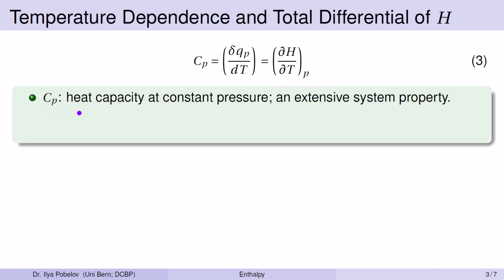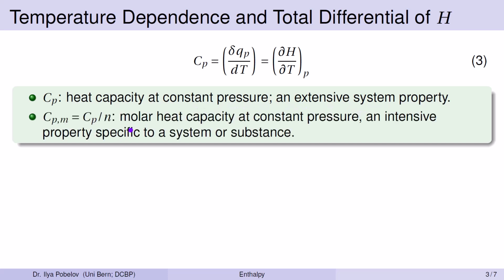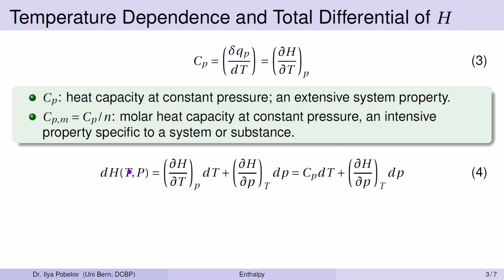The heat capacity at constant pressure is an extensive system property, while molar heat capacity at constant pressure is an intensive property specific to a system or substance. We can also consider enthalpy H as a function of two variables, T and P. The total differential of H shown here summarizes the dependence of enthalpy on temperature and pressure.